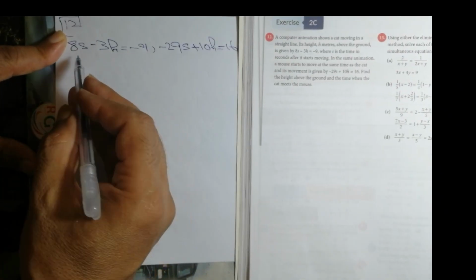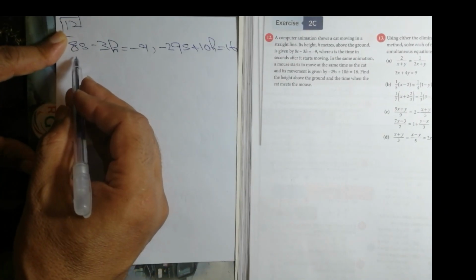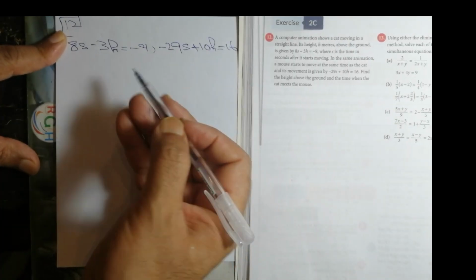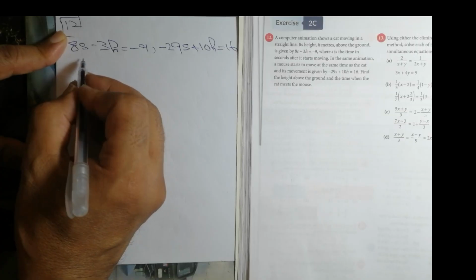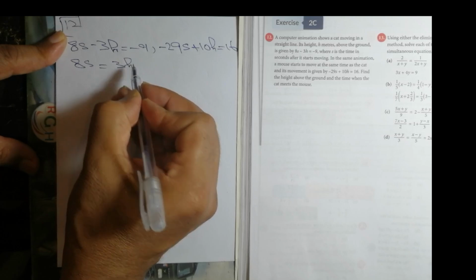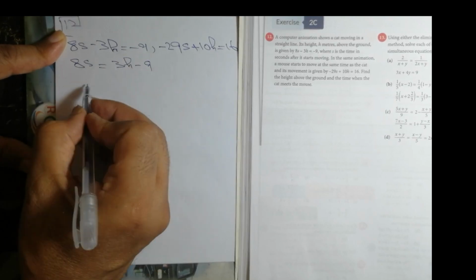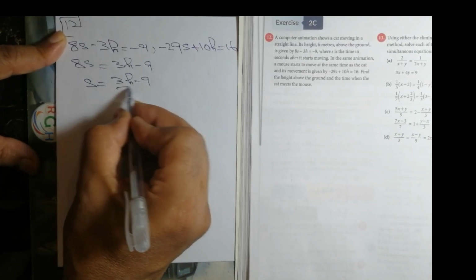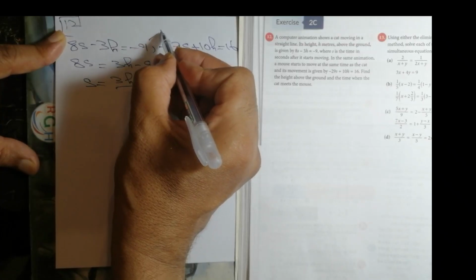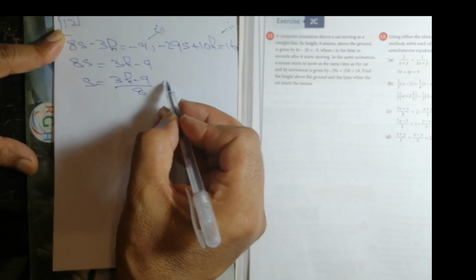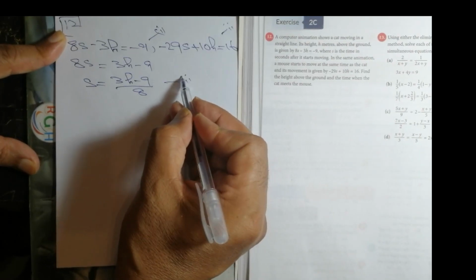So we can find the value of one variable and put it into the other equation. For example, from here, 8s equal to 3h minus 9, and s equal to (3h minus 9) over 8. This was equation 1, this is 2, and this is equation 3.